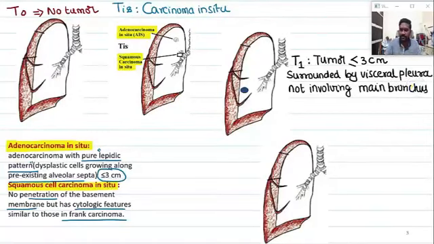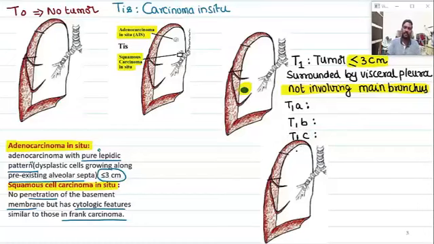You can see in this image. So the size is important. It will be less than or equal to 3 centimeters, it is within the lung, and it is not involving any main bronchus. Further, based on this size, we have T1A, T1B, and T1C.